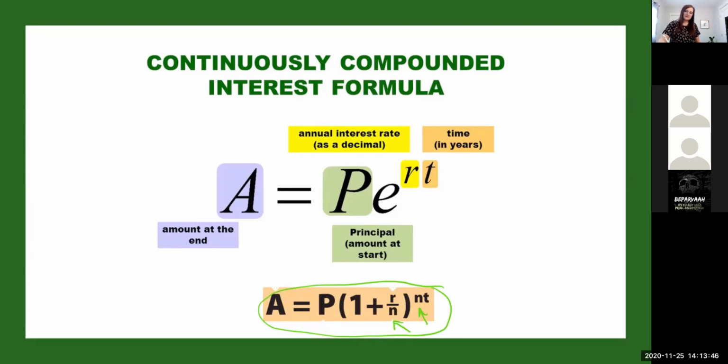And so this part, this number that we had when we replaced it with all ones, approaches e. And so we can just call that part e. And then now we're just taking it to the power of the rate, the annual interest rate, and then the power of t.